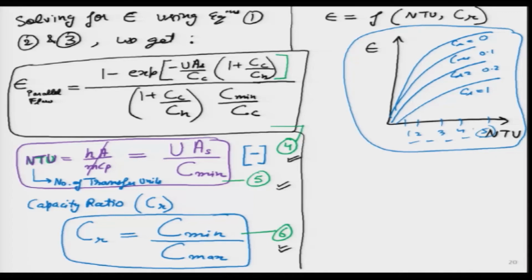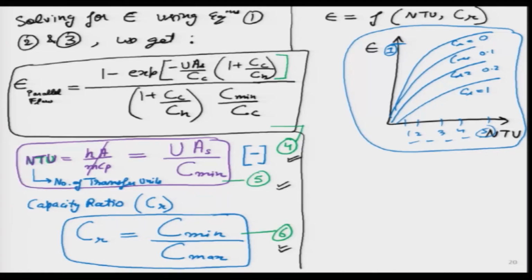So, how big should this heat exchanger be, a non-dimensional number 4 or 5, then CR value is the ratio of the two heat capacity rates of the two fluids. Then immediately from that I will be able to figure out where I get effectiveness equal to 1. So, how close am I to the maximum heat transfer rate which is possible. This is just a motivation that I am showing over here, and using these equations 4, 5 and 6, let me go ahead and write the final expression that we are going to get on the next slide.